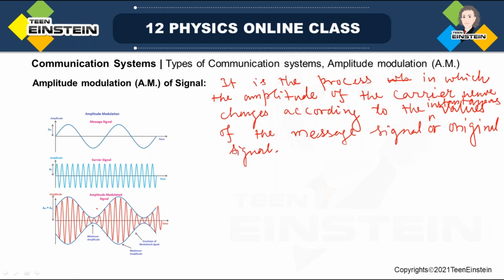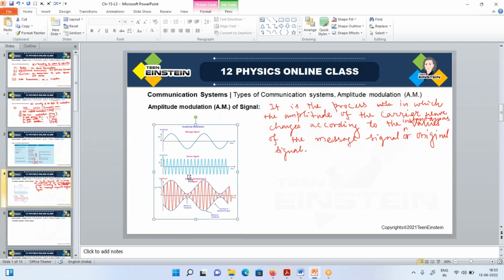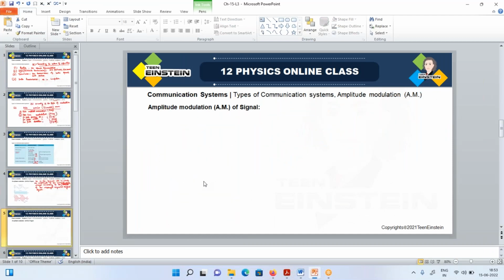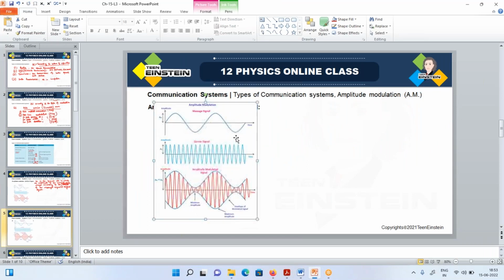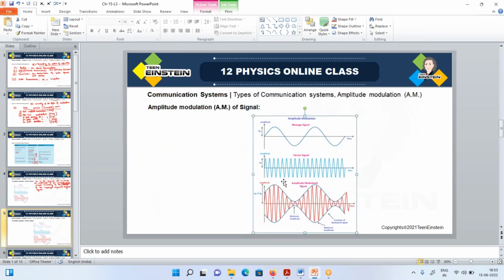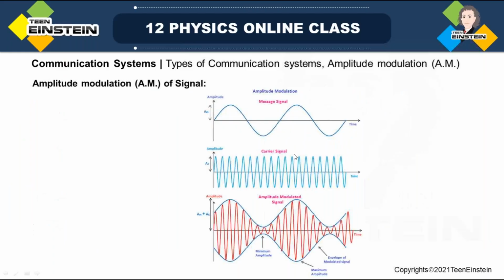Let me write a few terms over here. Let me do one thing. I'll increase the size of this figure in another page, and we'll go on discussing this. Okay, let me enlarge it a little more. So it will be better visible now.